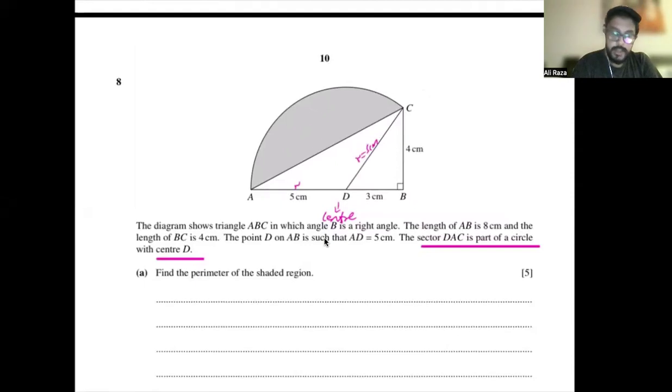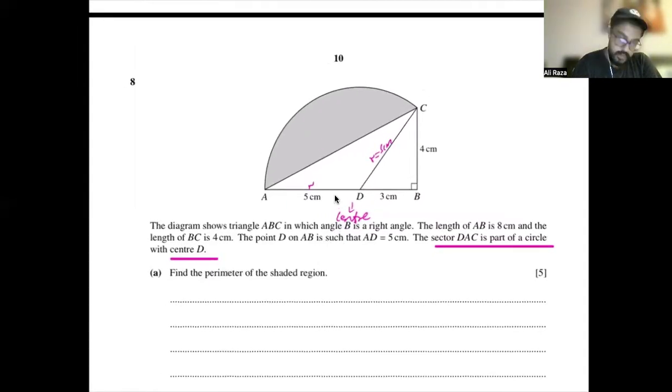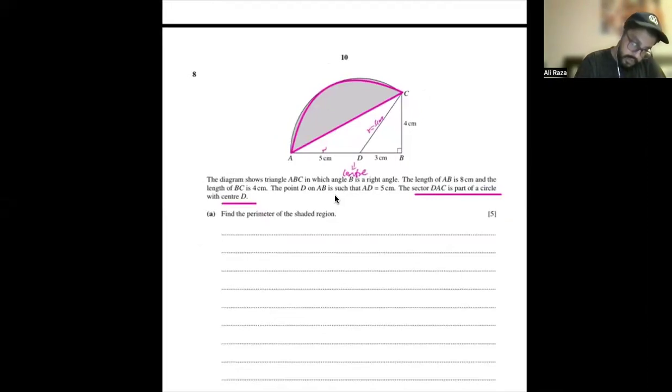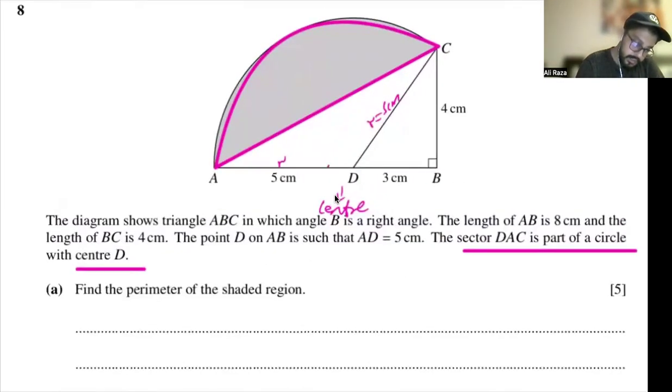Now we need to find the perimeter of the shaded region, which means that we need to find the length of the arc AC and the straight line AC. Now for these two, I'll need this angle of ADC. And to find ADC, I'll need the angle BDC.